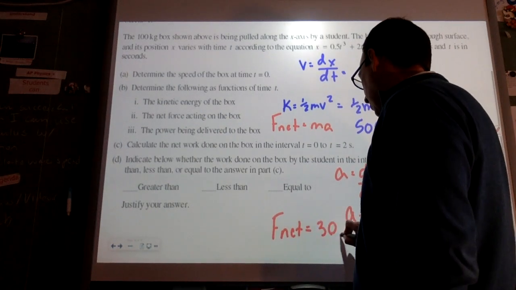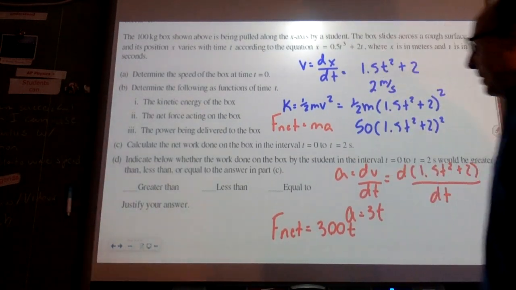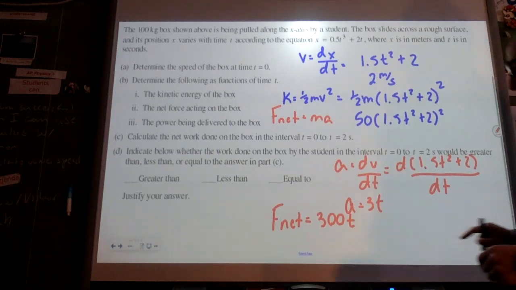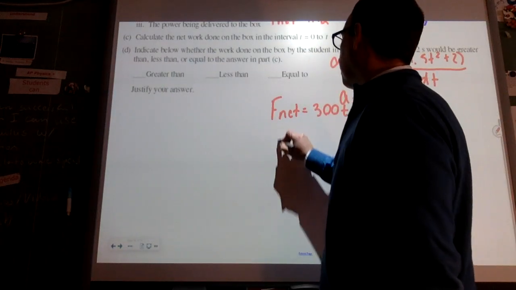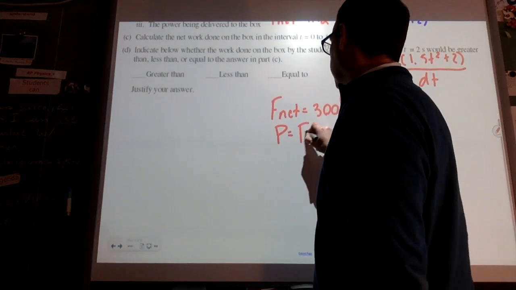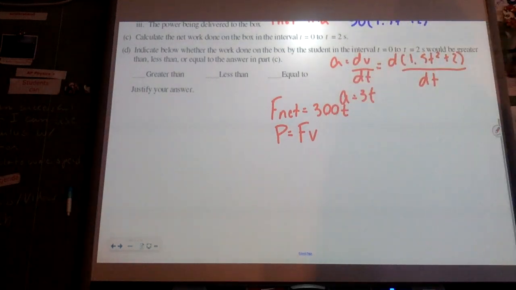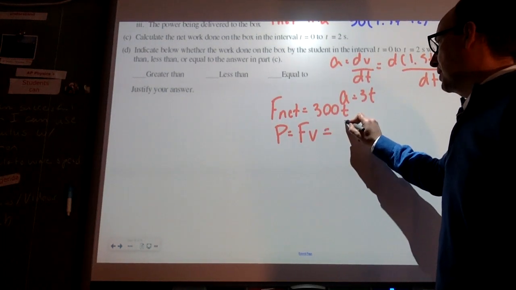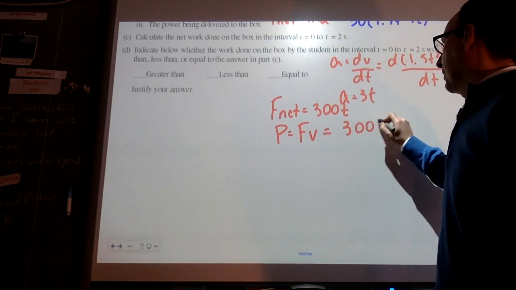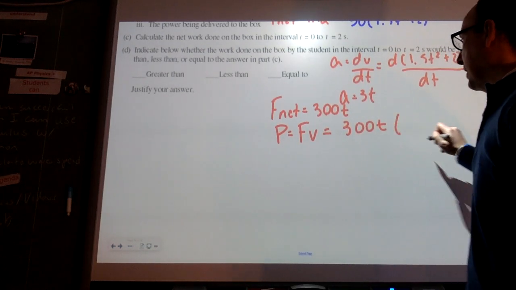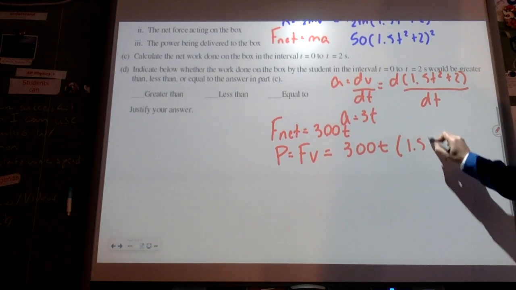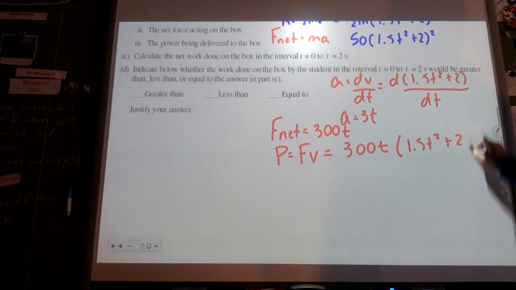So that's going to be equal to 300t. Power would be equal to the force times the velocity. So this is going to be 300t times our velocity function, which was 1.5 t squared plus 2.